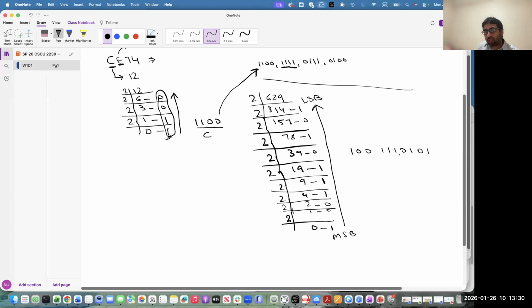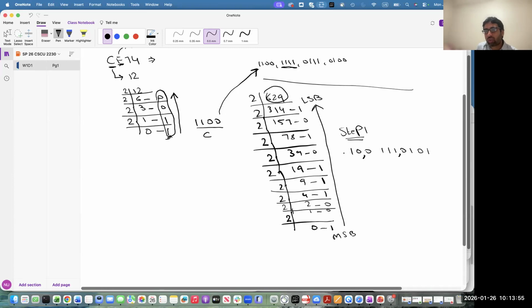And then I group them in groups of 4 bits, putting a comma as a separator. So this was step 1, where we converted our decimal number into the equivalent binary.